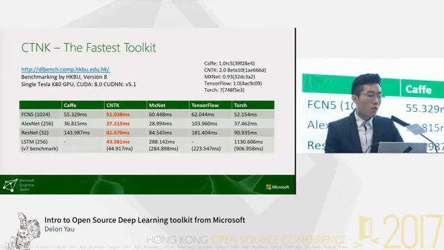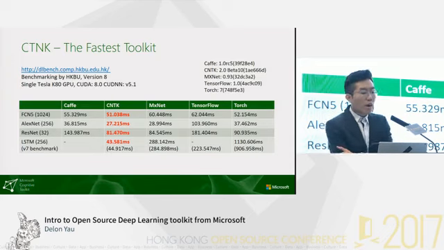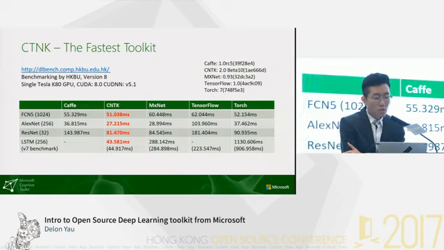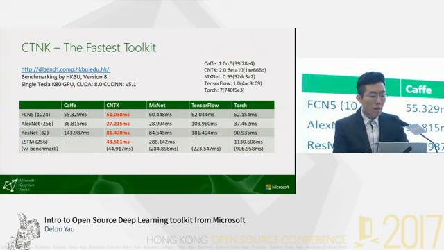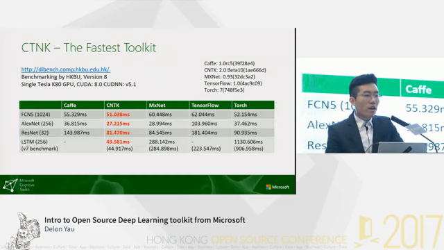Based on a test run by Hong Kong Baptist University, when we compare different open source frameworks in the market, for example TensorFlow, Caffe, or MXNet, we achieved the shortest processing time.